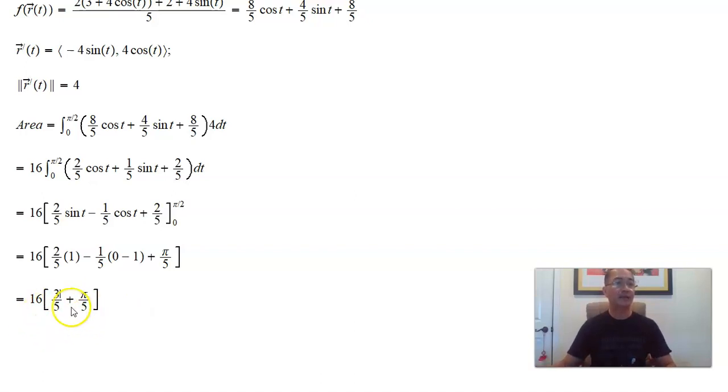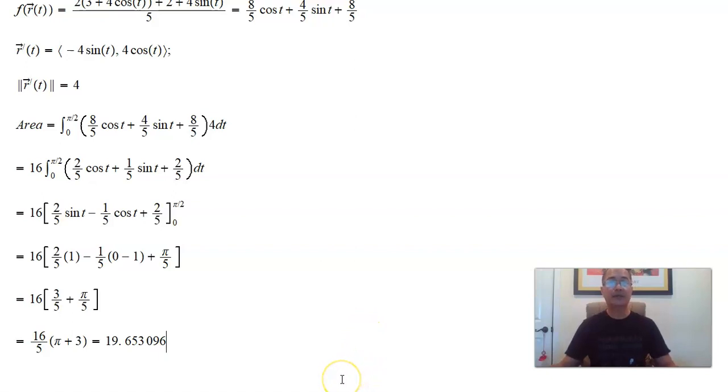If you want to make it look even nicer, we can make it 16/5 times 3 plus pi, or pi plus 3. Wouldn't that look better? All right, there we go. So that would be the area of the curtain that we just drew in GeoGebra, 19.65. That's realistic.